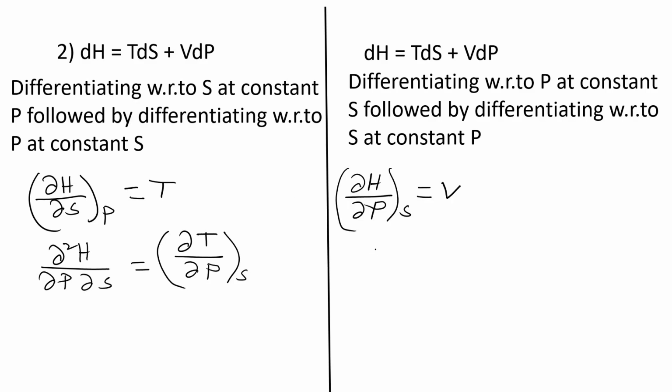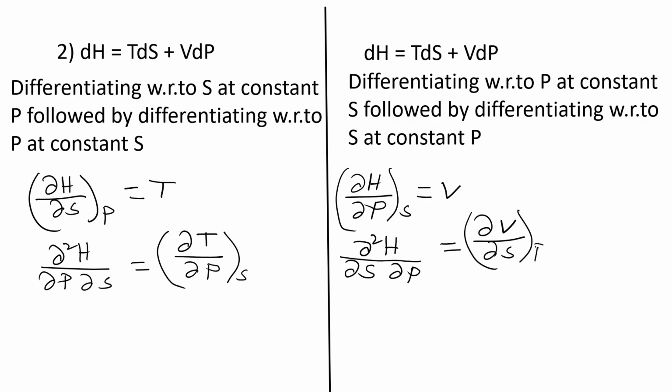Next, just in the reverse way, ∂²H/∂S∂P, with respect to entropy at constant pressure, is equal to ∂V/∂S at constant pressure.